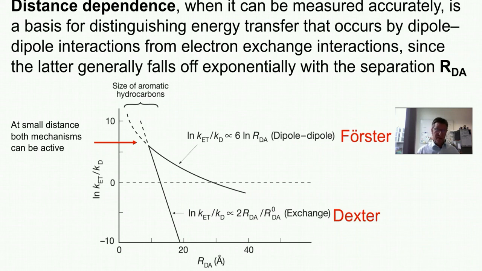So the distance dependence, but also, if you calculate the Förster rate by the Förster model, and it does not correlate at all with what you measure, then it may indicate that there's something else happening. Then maybe the Dexter mechanism is playing a role, and the other way around. Okay, yeah, clear.